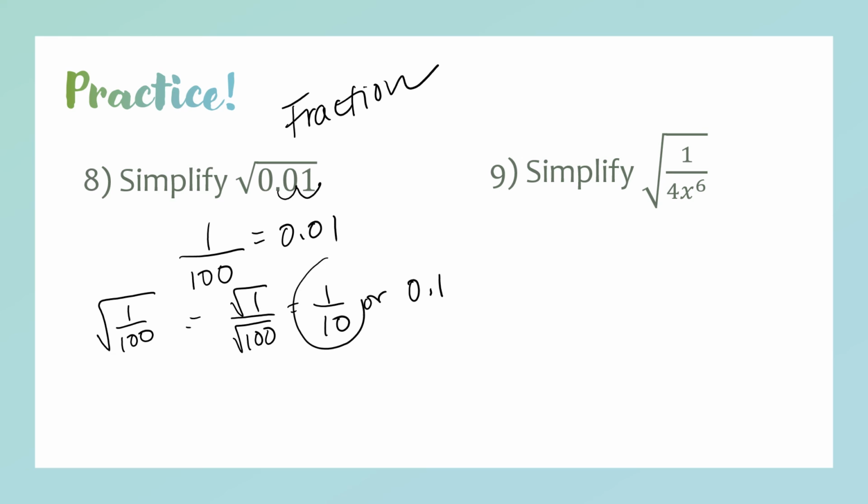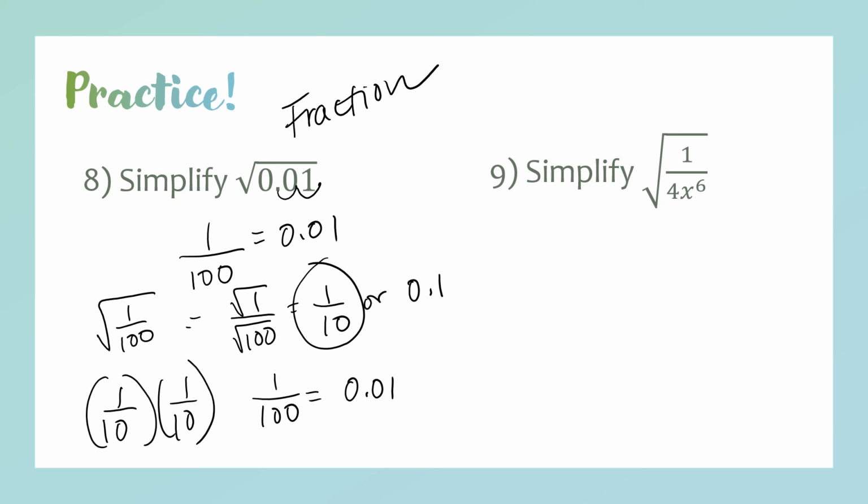But I like this answer. This is a good one. I can check that. Right? 1/10 squared would be just 1 over 100, which is the same as 0.01, so we're good. That's a good check right there. Check.